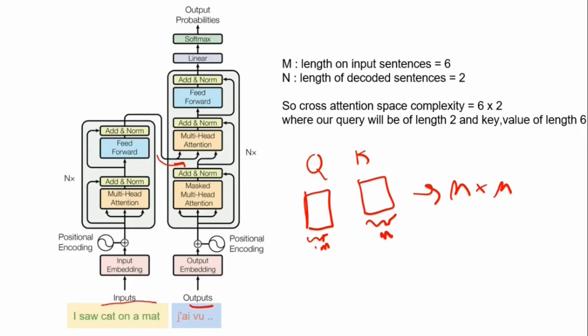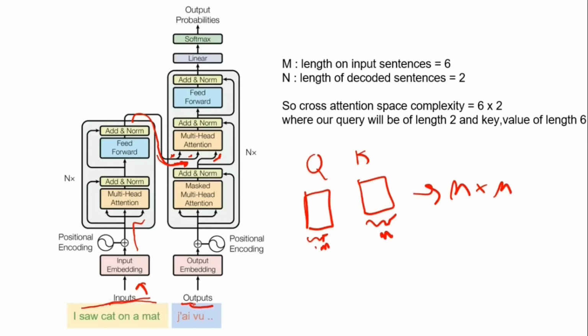Now, there are six words in the English sentence. We will be moving to the input encoding, and then all the encoded words will be moving to the decoded words, where our keys and values will be coming from the input sequences, which is of length 6, and our queries are coming from the decoded words.